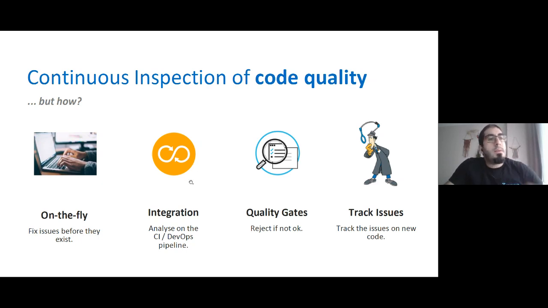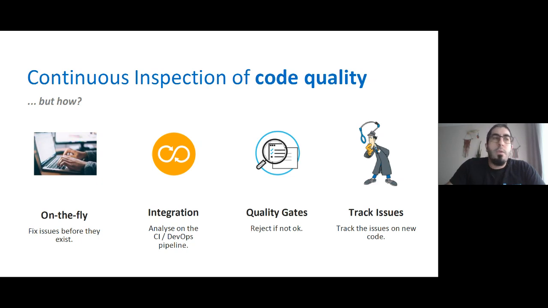The second one is integration step. Perform code analysis on the CI pipeline so you can measure code quality on each commit or pull request. The other one is quality gates. On this step, after analysis of source code, some defined conditions are checked by a tool.